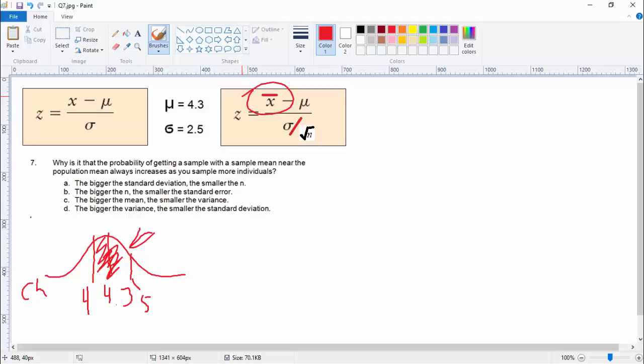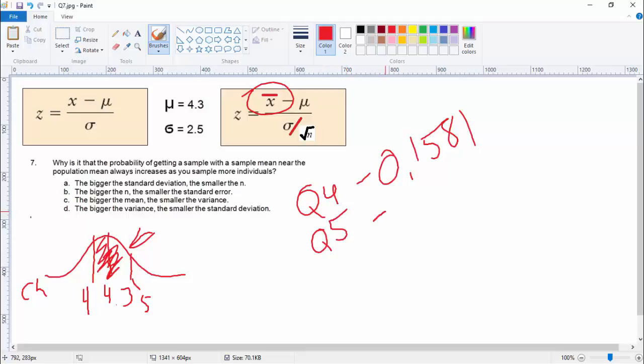In other words, if you look back at our answers for questions 4, 5, and 6, the answer to question 4, where we just had one person, was 0.1581, which is kind of small. But then when we went back to question 5, where we got n equals 9 people, that went up a lot, to 0.4512.